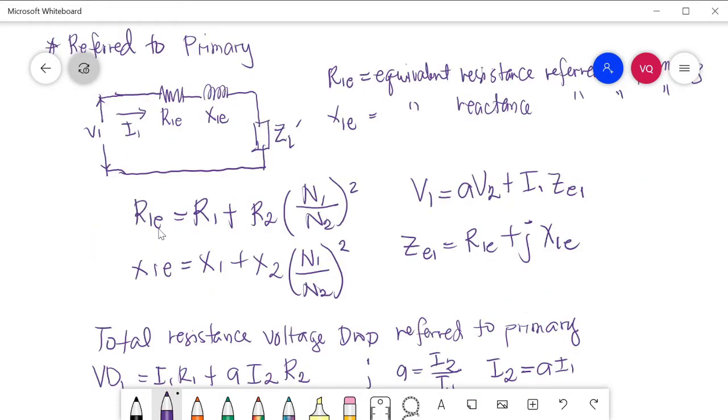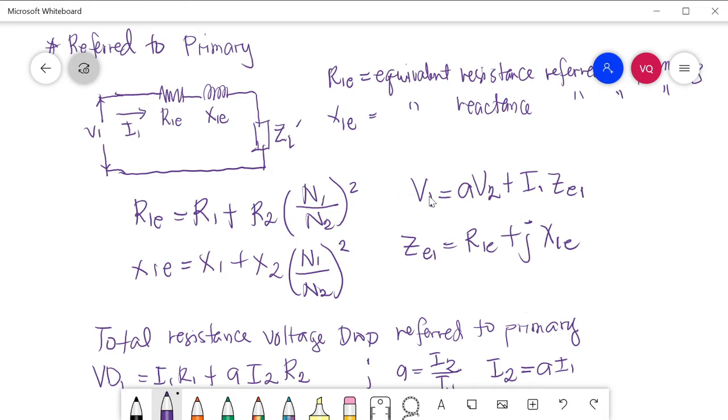So R1E is equal to R1 plus R2 multiplied by the number of turns at primary divided by number of turns at secondary squared. Same, X1E is equal to X1 plus X2 multiplied by N1 over N2 squared. N is the number of turns.